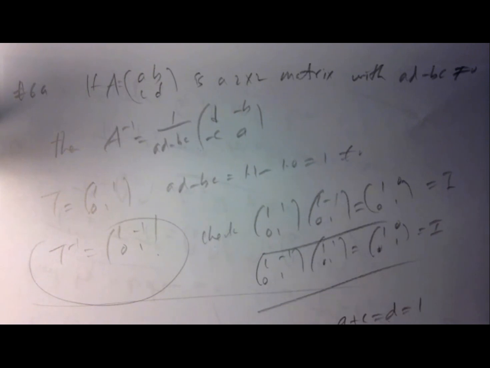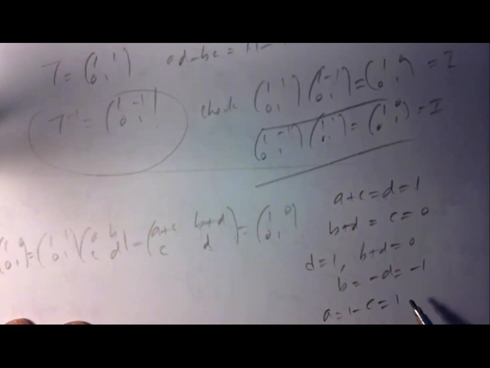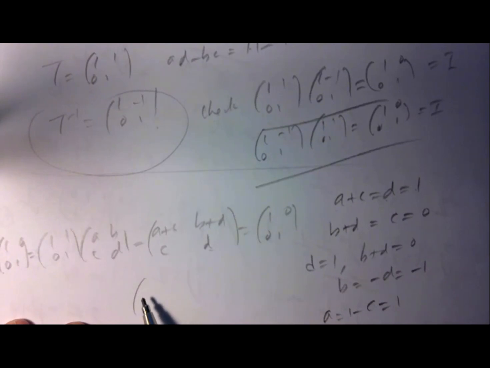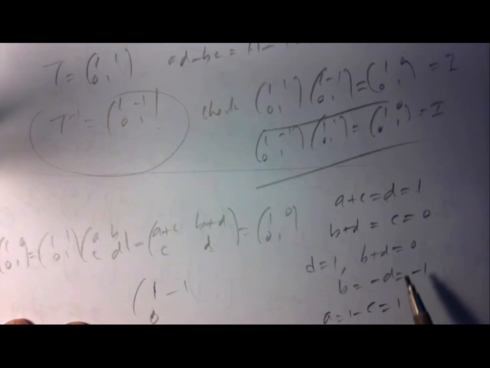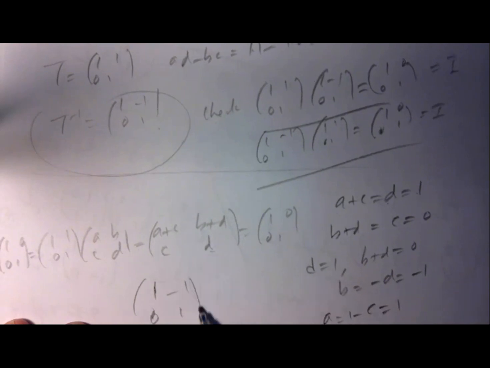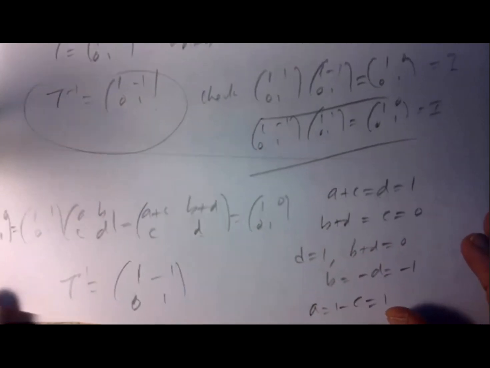But if D is 1 and B plus D is 0, then B is minus D, which is minus 1. And if A plus C is 1, A is 1 minus C, which is 1. So you get A is 1, B is minus 1, C is 0, and D is 1. So you could just calculate it directly like that also.